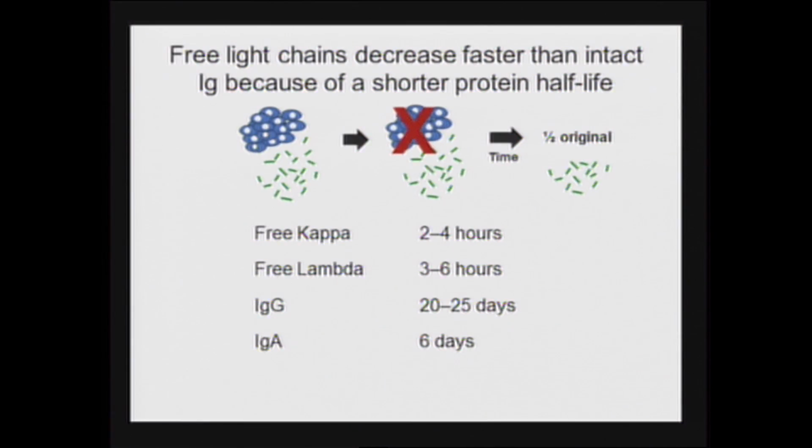than you can with the intact immunoglobulin. Before I answer the next question, the reason for that is that the kappa and lambda light chains have a half-life of only hours. What does half-life mean? Here's the myeloma cells, here's the protein that's being produced. If you stop all new production of protein, let's say you kill off all these myeloma cells, how long does it take for that much light chain to become half of what it was?